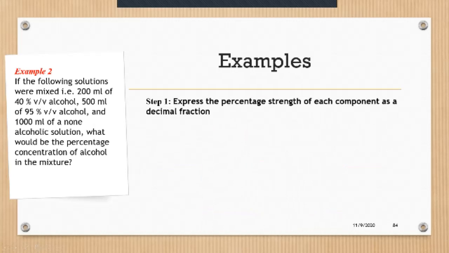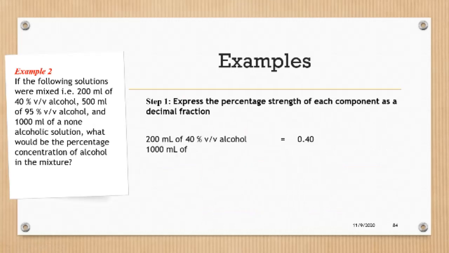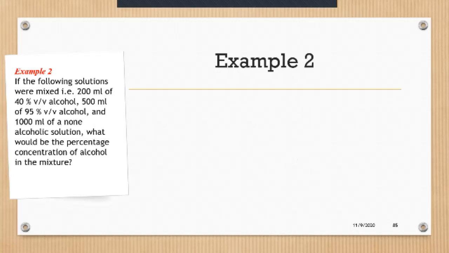First, we have to express the percentage strength of each component as a decimal. So for the 200 ml, 40%, 0.4; the 500 ml, 95%, 0.95; and the non-alcoholic 1000 ml solution, of course, is going to be 0 because no alcohol is in it.